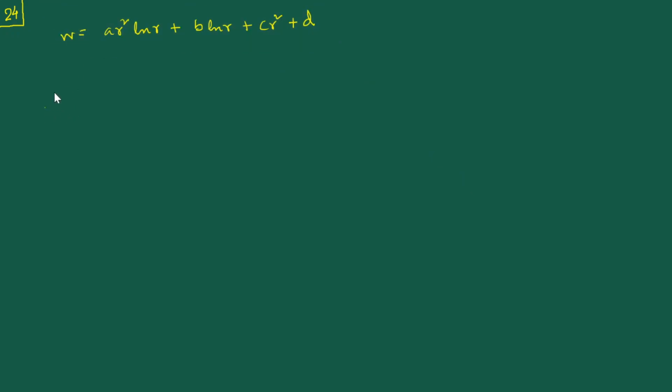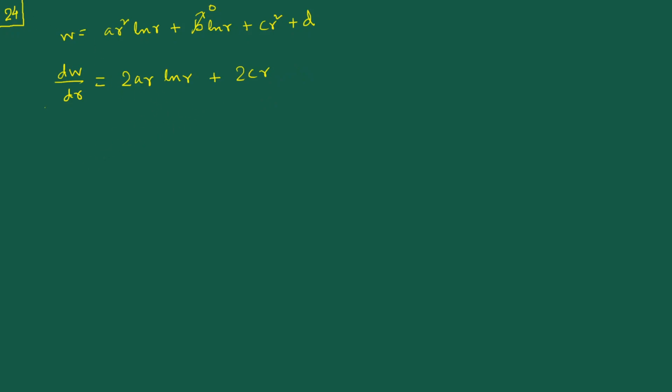So the first thing, of course, is that we have to do this dW/dr. That gives me 2Ar. I don't need to consider this P, that is 0, and I don't need this D also.